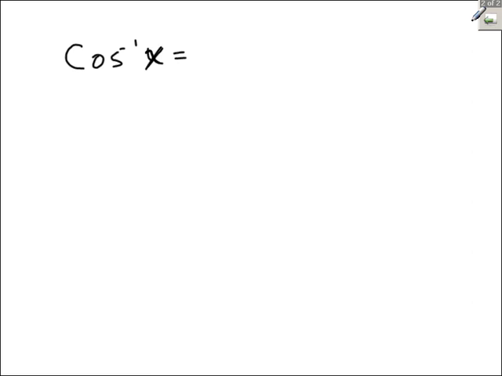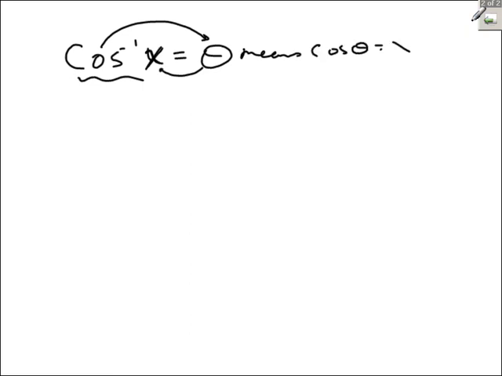This equals an angle. The cosine of the angle equals x. That is, theta is an angle.